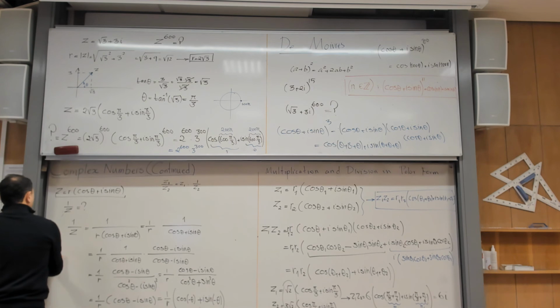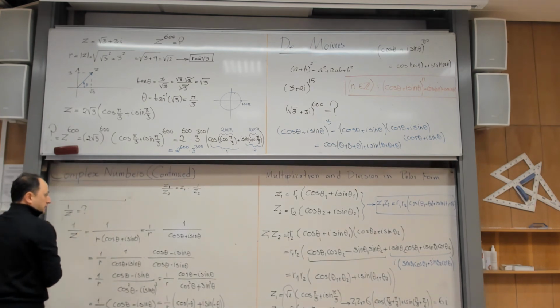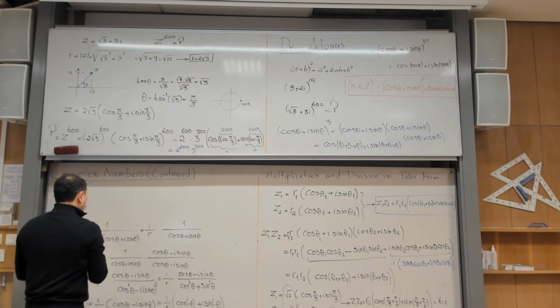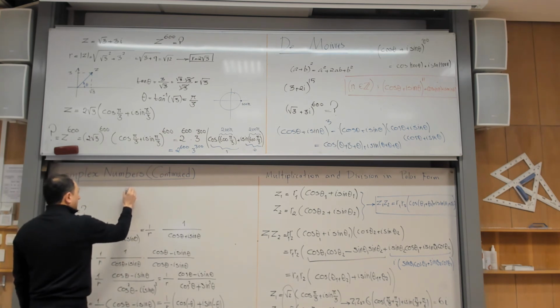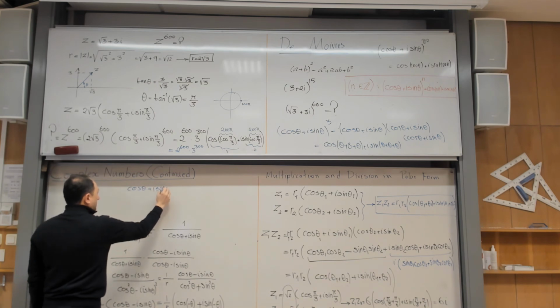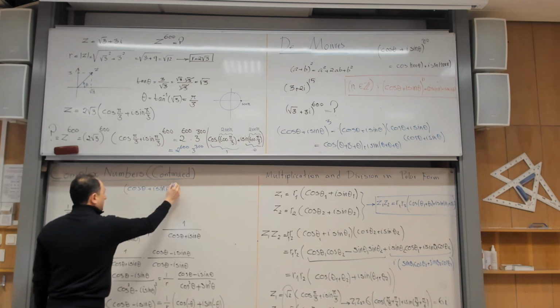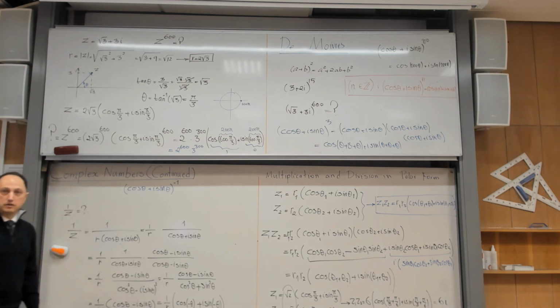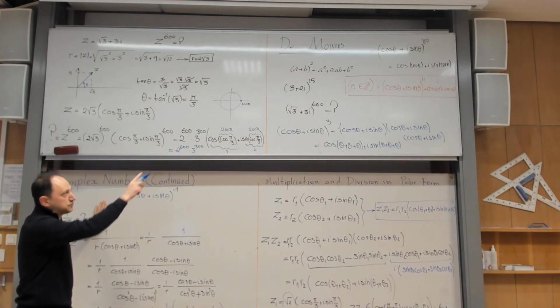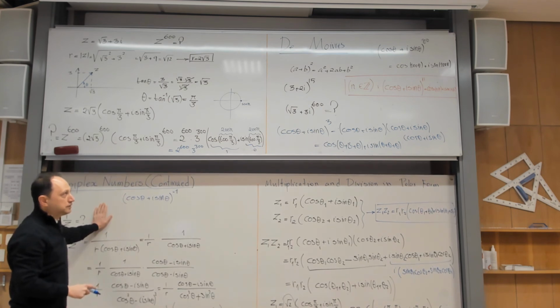So why do you think it will work? Oops, I think it's good to keep this one here. So let me ask you. First of all, cosine theta plus i sine theta to the power of -1. Let me calculate this one. Hopefully you understand that this formula is valid if I have positive integers.